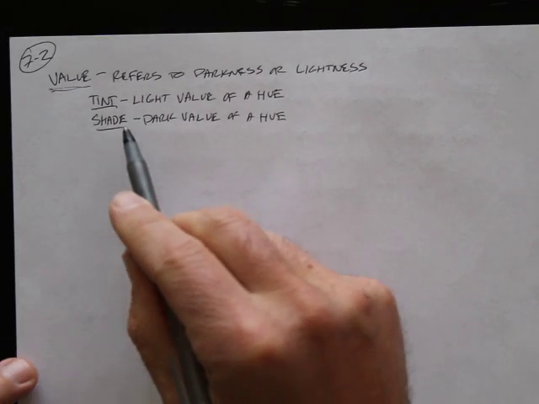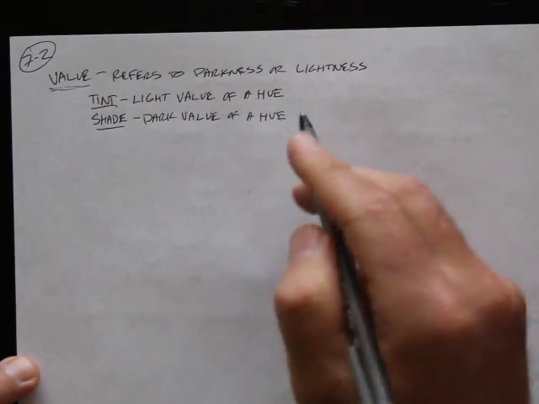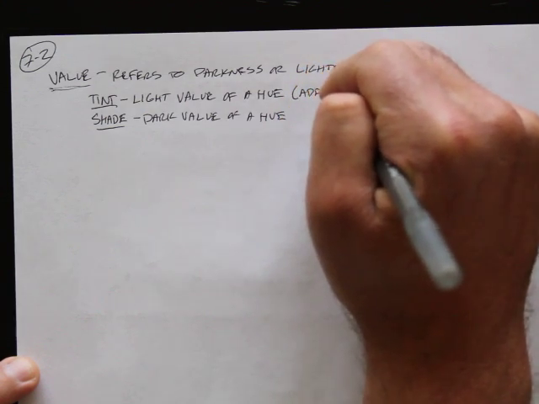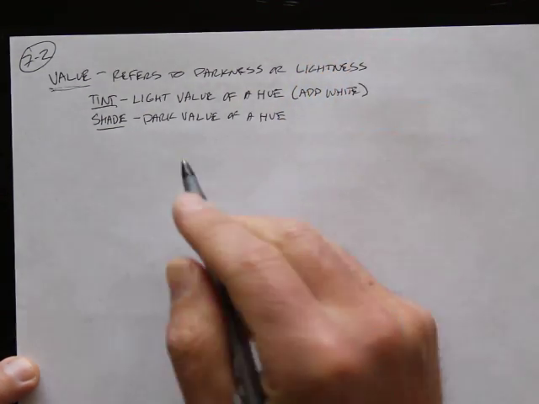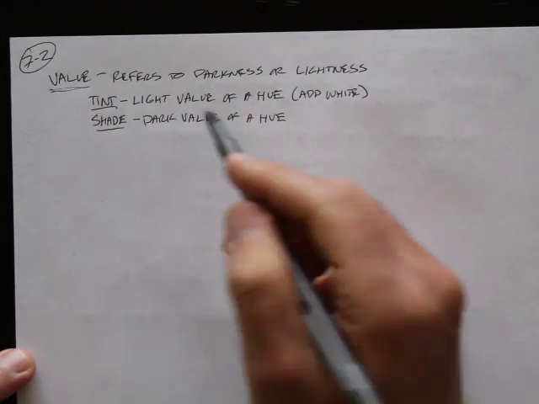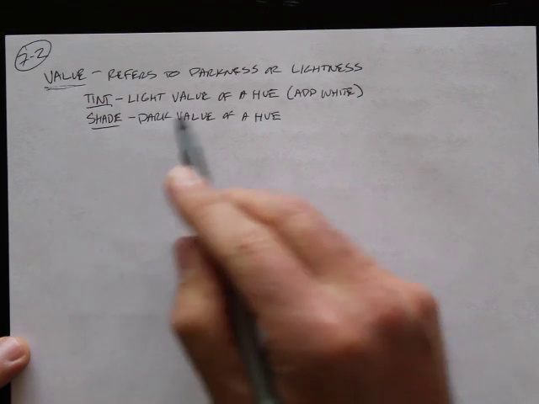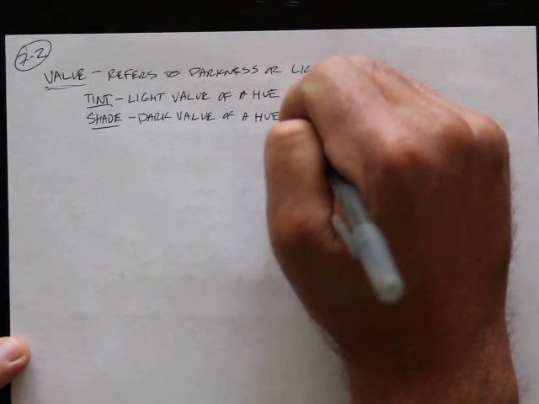Okay, now a tint of a hue is when you add white to the color, or you add the color to white. You know, one of those two things. Depends on the color and how much of a tint you want. For a shade, you add black.